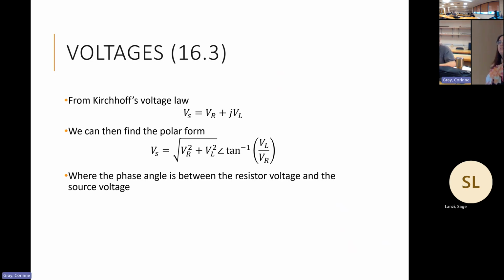We can then by default find the value for the inductor, because that is a 90-degree difference from the resistor. This number explicitly pops out the resistor difference, but we can mathematically solve for the inductor one if we need to.